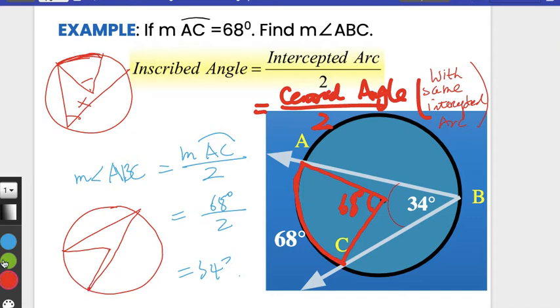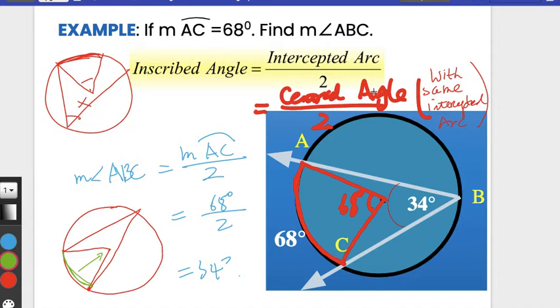If they have the same intercepted arc, then I can say this is going to be the half relation. This is how we describe the inscribed angle and how we measure it compared to the central angle, or the intercepted arc. That's a very important relation.